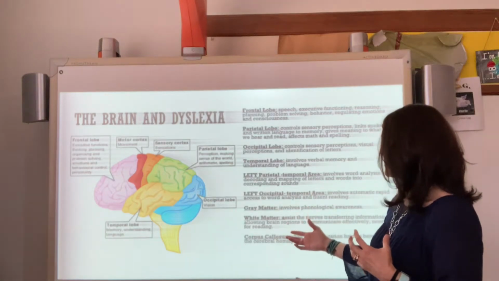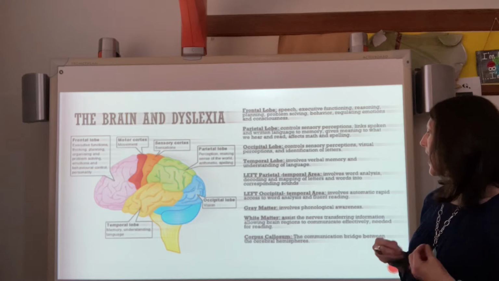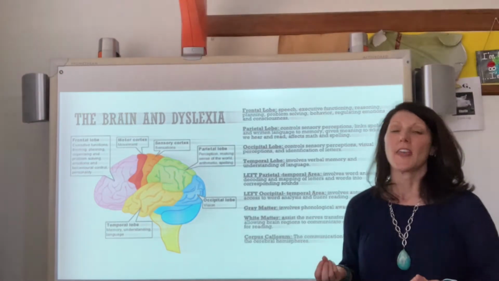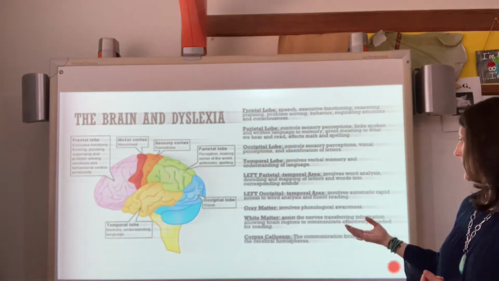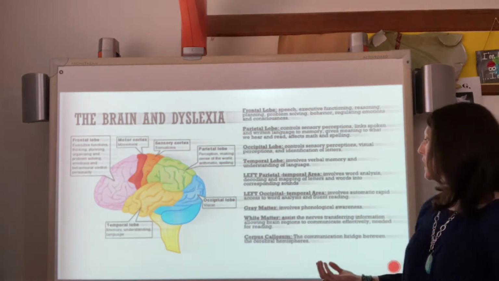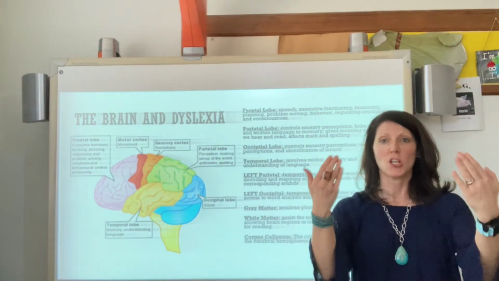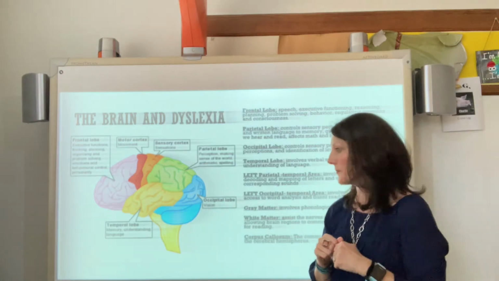White matter assists with the nerves transferring information, allowing the brain regions to communicate effectively, and that's needed for reading. And then the corpus callosum is the communication bridge between the cerebral hemispheres, so it helps the information cross over between the two brain hemispheres.